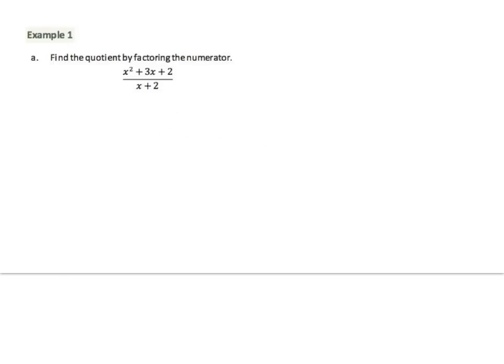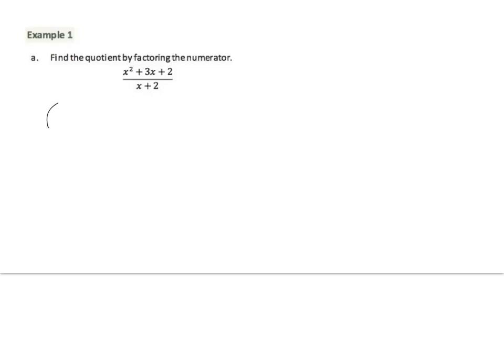So let's try a more appropriate Algebra 2 problem for our first example. We're actually going to tackle this problem two different ways. Looking at this first one, it says find the quotient by factoring the numerator. We can factor this numerator.